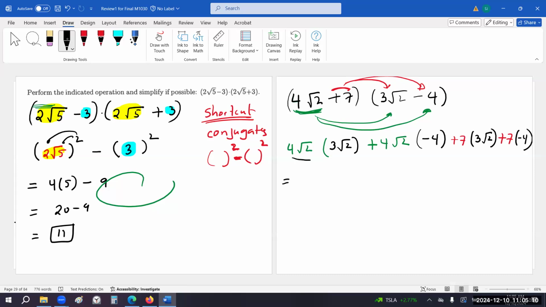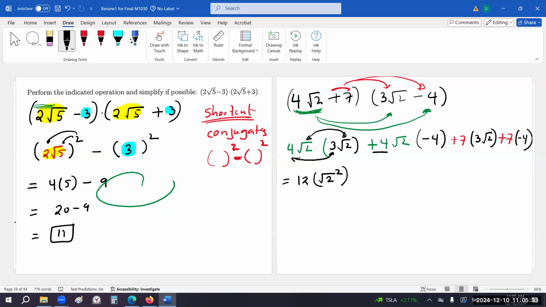Now what do we have? 4 times 3, 12, and we have square root of 2 times square root of 2. Square root of 2 square. If they give you a big number, you can simply cancel out the square and the root.